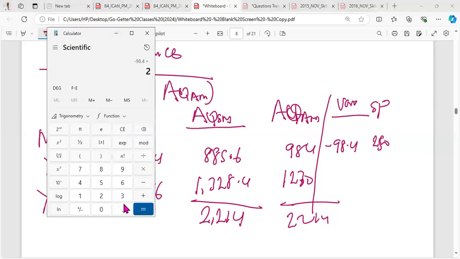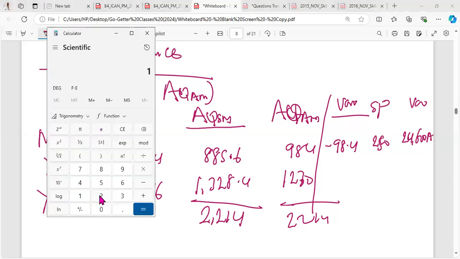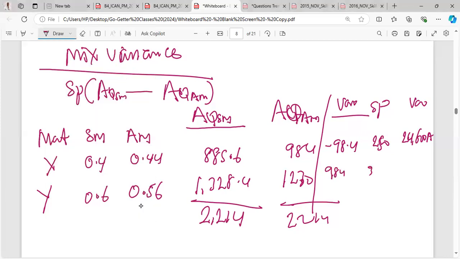That gives you 24,600 adverse. Then 1328.4 minus 1230 gives you 98.4, multiplied by 300.